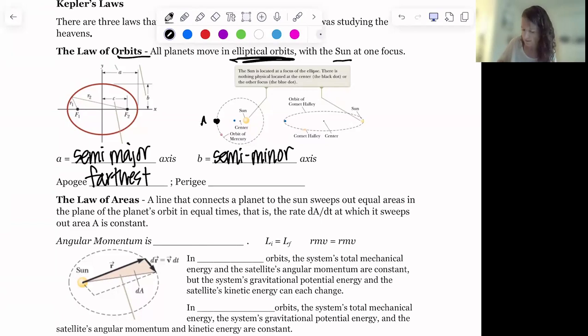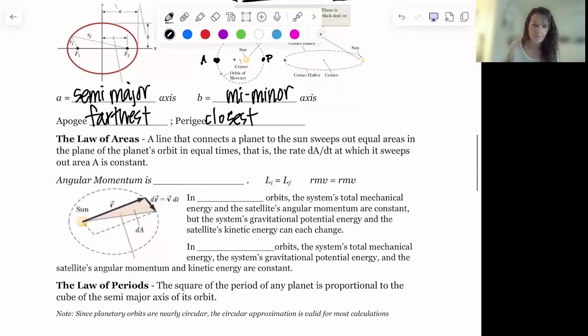And then the perigee would be the closest. That would be right here because you're closest to the sun at that point. Closest. All right, cool.